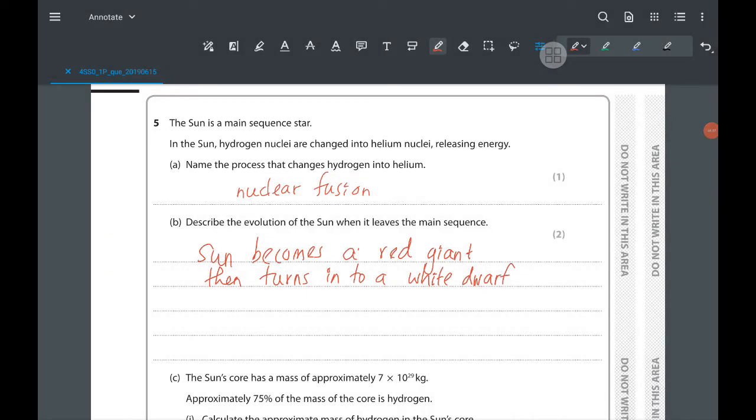In the main sequence stage, the hydrogen will get fused together and turn into helium. But there will be one point when all the hydrogen is over, it starts fusing other materials like helium, carbon, like that. So when this occurs, it turns into a red giant. So the Sun becomes a red giant, then it turns into a white dwarf.